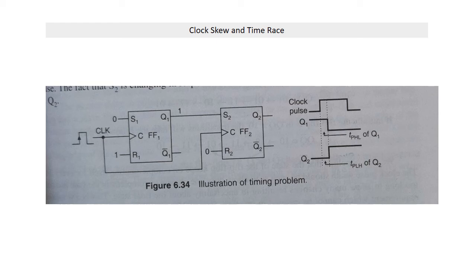The propagation delay of a flip-flop or the delays of the intervening gates make it difficult to predict precisely when the changing state of one flip-flop will be experienced at the input of another. The clock signal, which is applied simultaneously to all the flip-flops in a synchronous system, may undergo varying degrees of delay caused by wiring components, and it may arrive at the clock inputs of different flip-flops at different times. This delay is called clock skew.